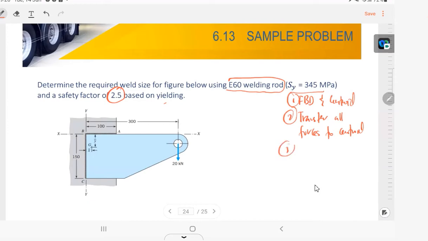What's number 3? You have to break down, classify all the forces at the centroid. Okay, you break down what? What is primary? Secondary. What is secondary?